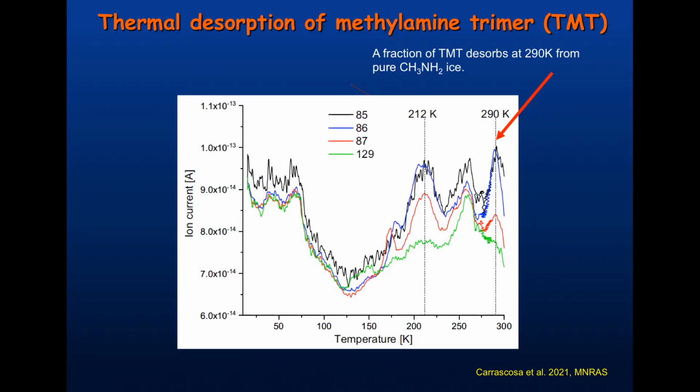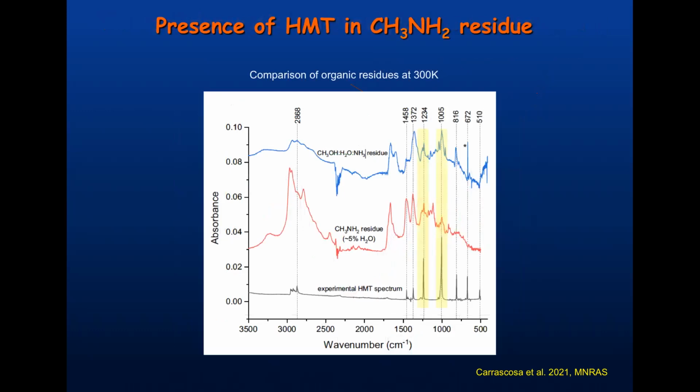So a fraction of TMT desorbs close to room temperature. So we also made the trimer, the TMT. And finally, again, in these experiments with methylamine, we could synthesize the typical bands of HMT that are common to the regular ice irradiation experiments. So that was a success in the synthesis of these nitrogen heterocycles.